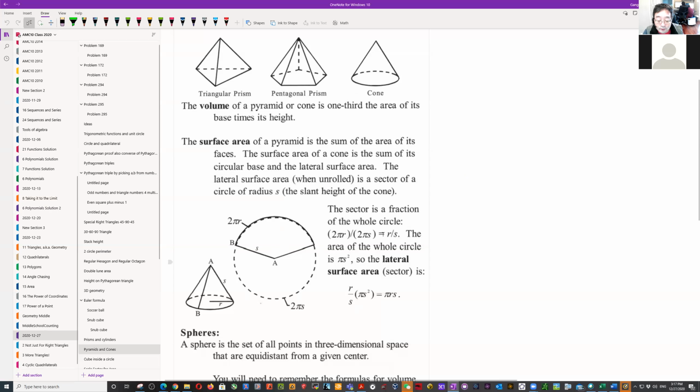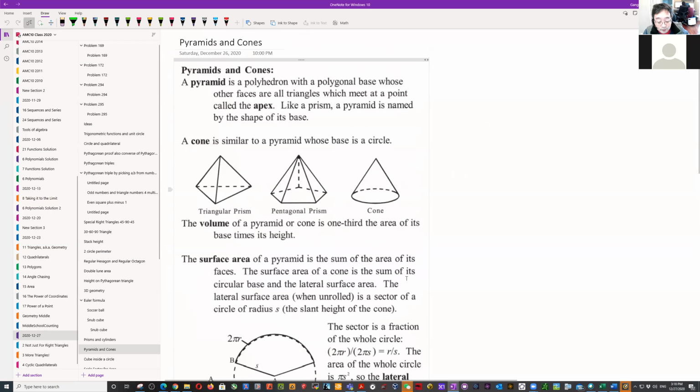So that ratio multiplied by the area of the full circle with the slant height gives you the lateral surface of pi r s. And adding the bottom surface area, you will get the full area of this cone. With both cone and pyramid, the volume is 1/3 of the base area multiplied by the height.